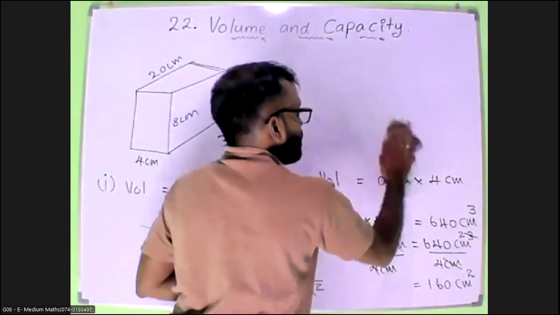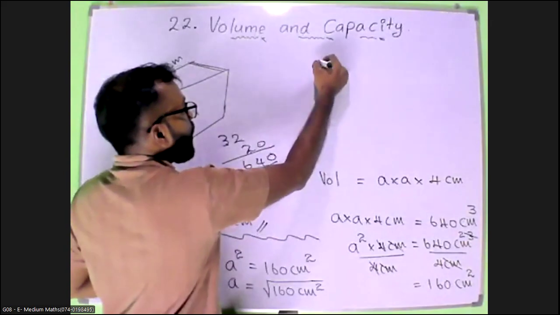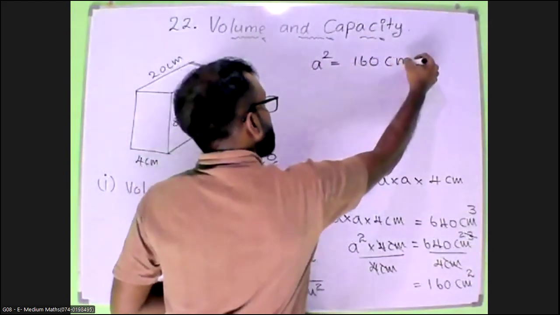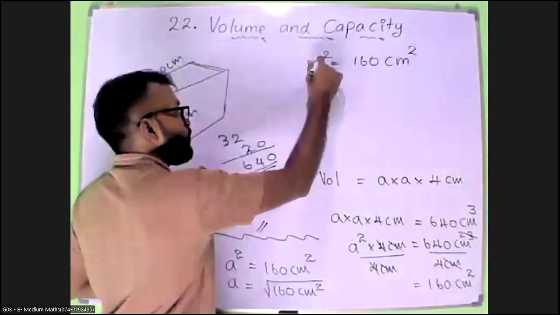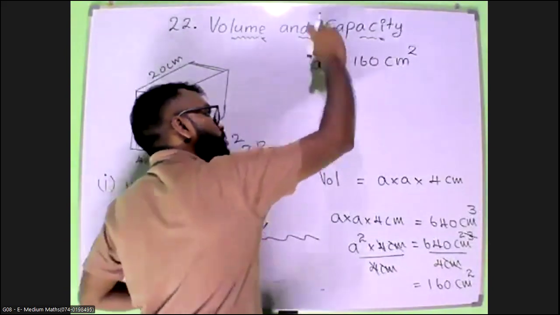I will write it here again so you can understand. A squared equals 160 square centimeters, and you are going to take your square sign to this side.